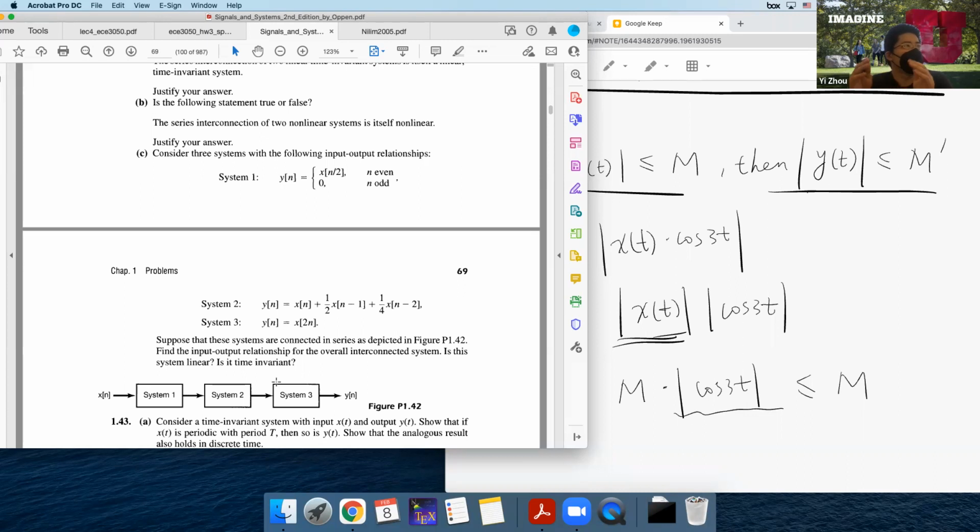So in the end, the overall input and output relationship should be a very simple formula. Did you get a very simple one? Not really. Could it still be piecewise? Okay.